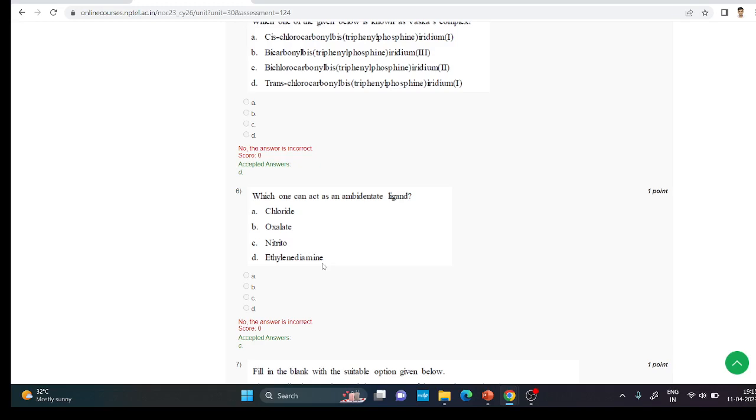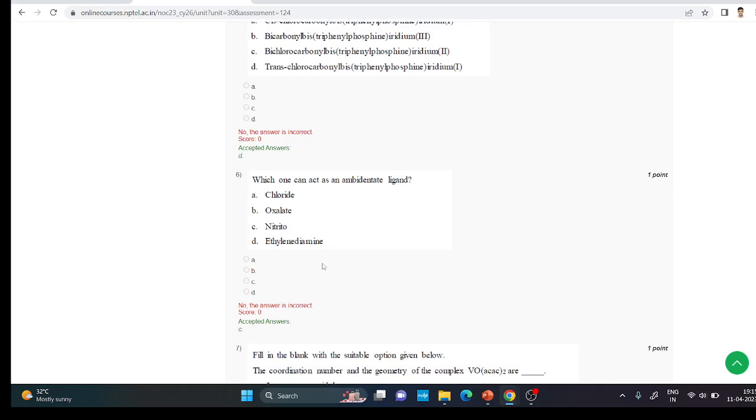So nitrito is not ambidentate. Nitro is the ambidentate. Here the accepted answer they mention is C, but for me that is wrong. The thing is that this question is a little bit confusing. I told you already. So nitro is the ambidentate ligand, that I also agree.